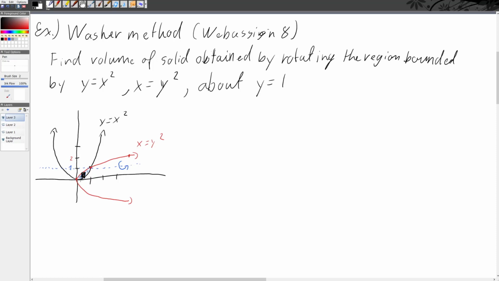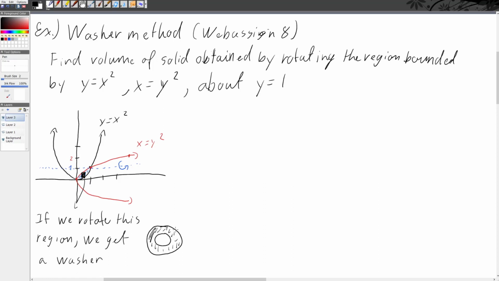If you can imagine, if we take that disk and we rotate it about that line, we are not actually getting a disk. We are actually getting some kind of a washer or a donut. And this is why this is called the washer method. If you actually rotate this thing, that little black box is going to look something like this.